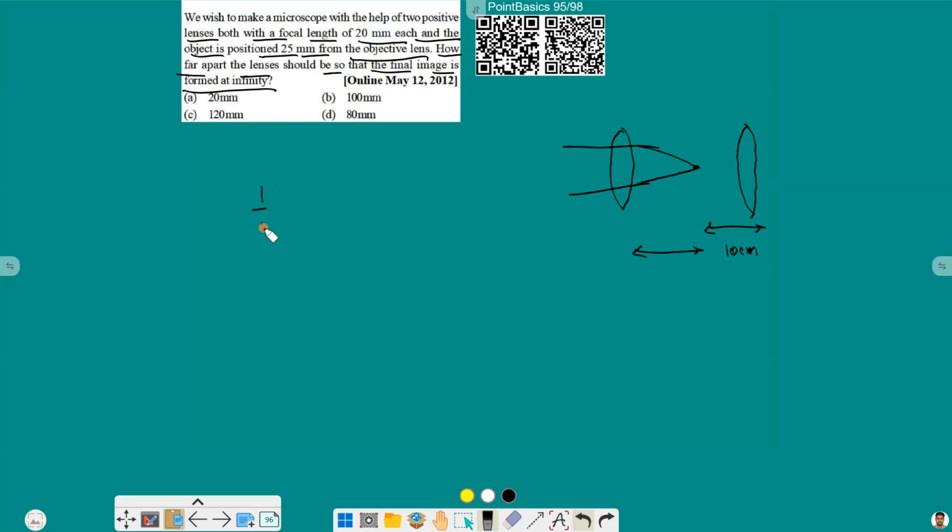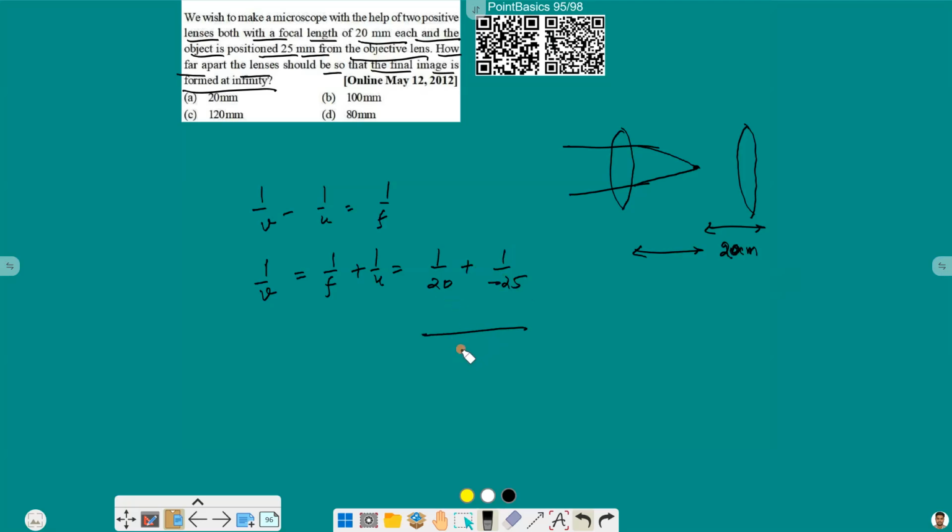So we can write 1 by v minus 1 by u is equal to 1 by f for the objective. So 1 by v equals 1 by f plus 1 by u. Now 1 by f is equal to 1 by 20, because focal length is 20, and plus 1 by negative 25.